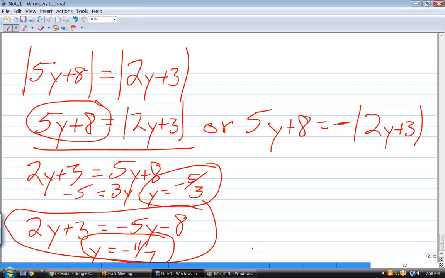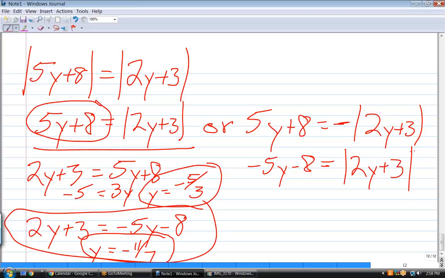Would you do 5y plus 8 equals minus 2y plus 3? No, you can't distribute that negative sign inside an absolute value marker like that. But what I can do is divide both sides of the equation by minus 1. So I get minus 5y minus 8 equals, now I got my absolute value all isolated.